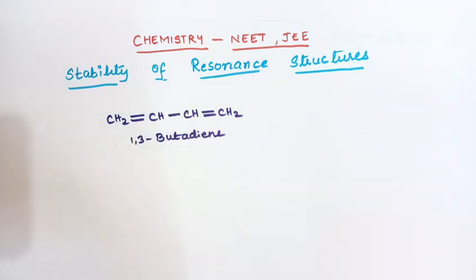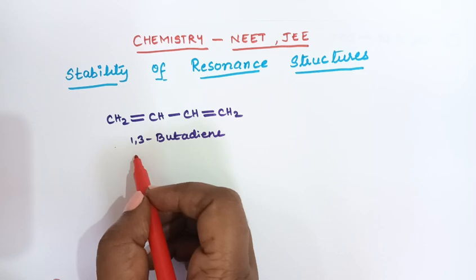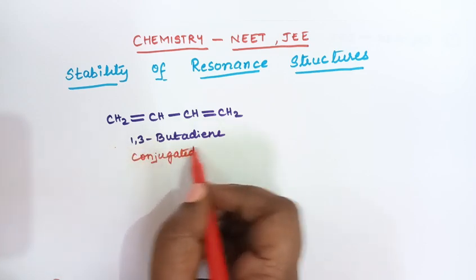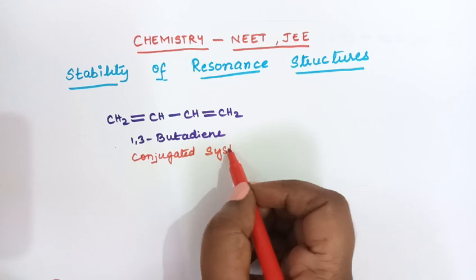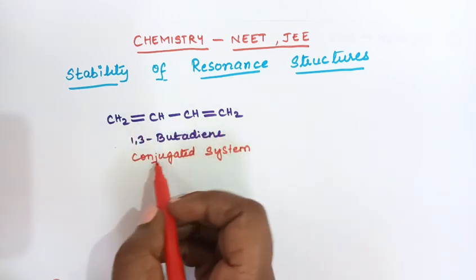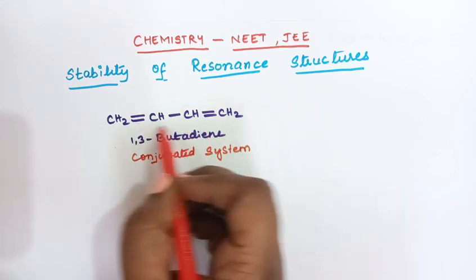So here you know that when alternate double and single bond are present, it is called a conjugated system. So what is a conjugated system? Conjugated system means if there is alternating double and single bond, we call that a conjugated system. When there is a conjugated system, resonance will take place.